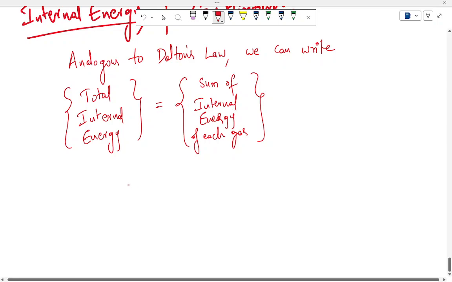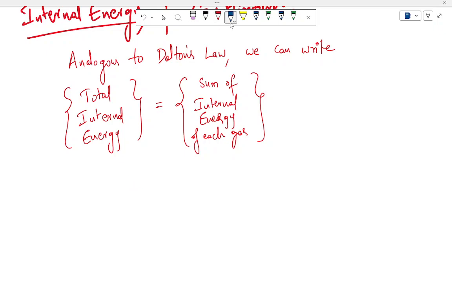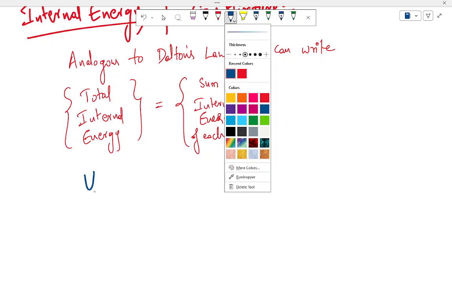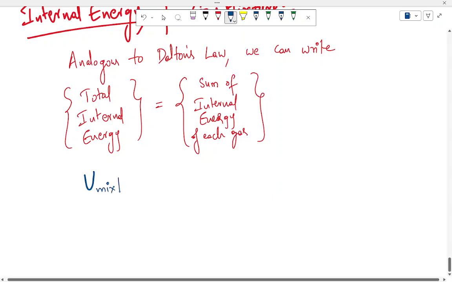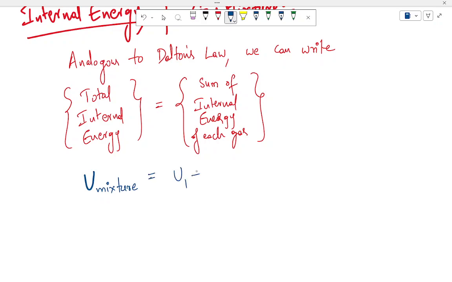It is like the total pressure of the mixture being equal to the sum of the partial pressures, right? That's what we have seen in Dalton's law. Similar to that, here we have the internal energy concept. So the same expression can be written mathematically in this form: U of the mixture equal to U1 plus U2 plus so on plus UC.